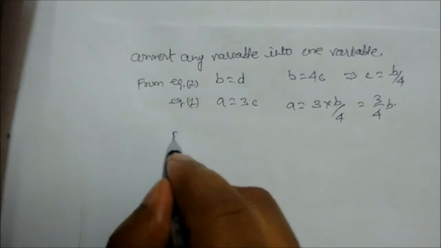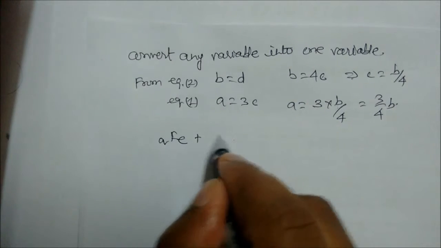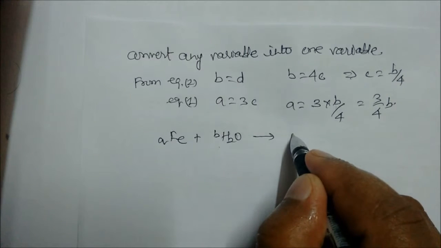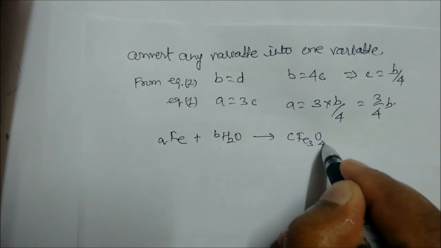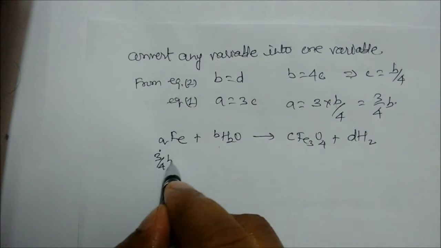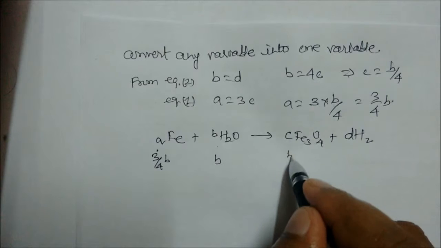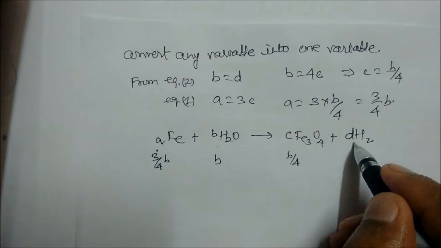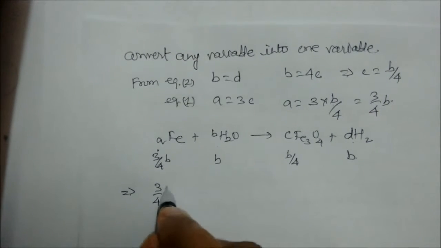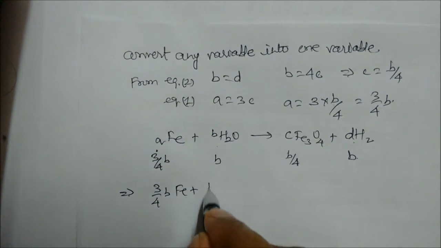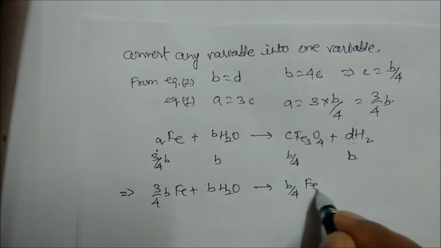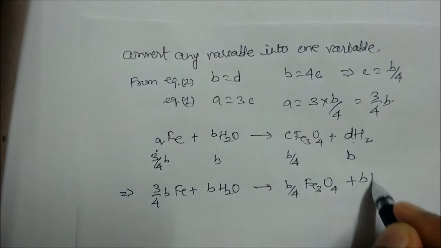Now we have the equation: A iron plus B water gives C Fe3O4 and D H2. So put A as 3 by 4B, B as B, C as B upon 4, and D as B. So we get 3 by 4B iron plus BH2O gives B by 4 Fe3O4 and BH2.